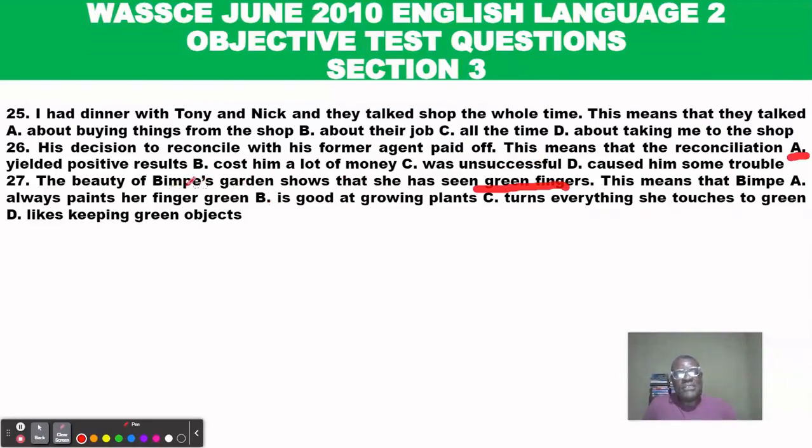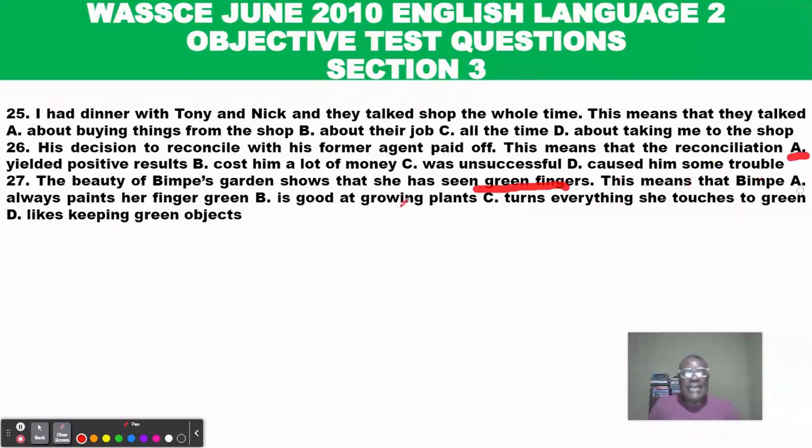What is being discussed is Bimpe's garden, and again, having seen green fingers, this refers to planting crops and all that. So what do you do in the garden? You plant crops and all that, or flowers, if you like, or plants.